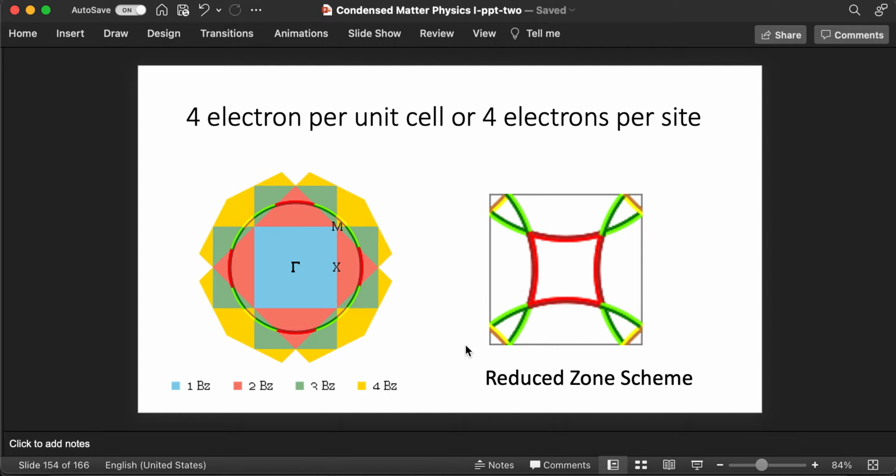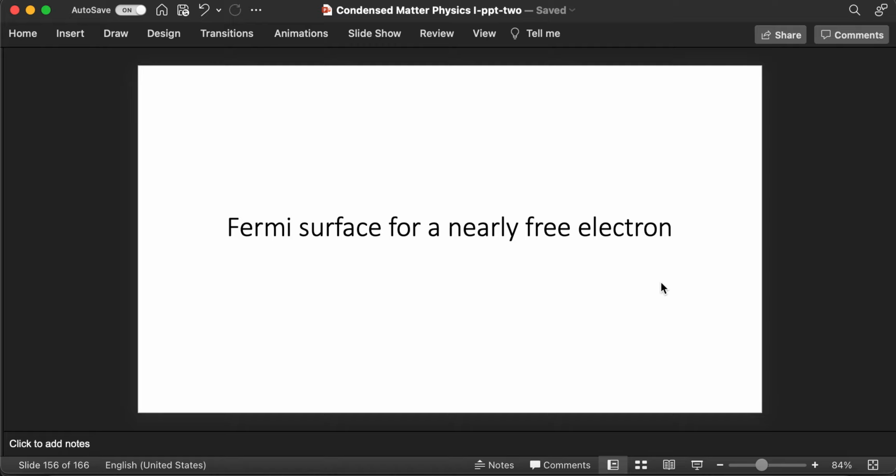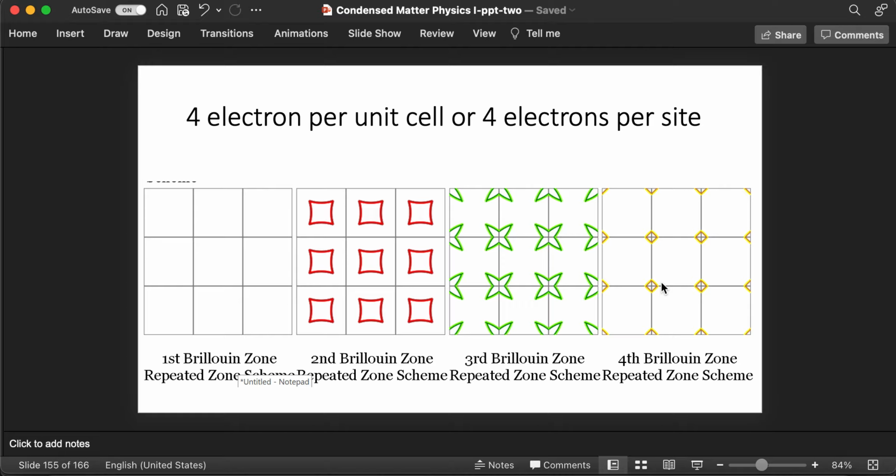And therefore, the reduced zone scheme is quite complex. And you can see this is the repeated scheme. You have this section in the 2nd zone, this section in the 3rd zone, that section in the 4th zone, and so on. And I forgot to include the band structure for this. You can check the website and play along and see what happens for the band structure for the 4 electrons per unit cell case.